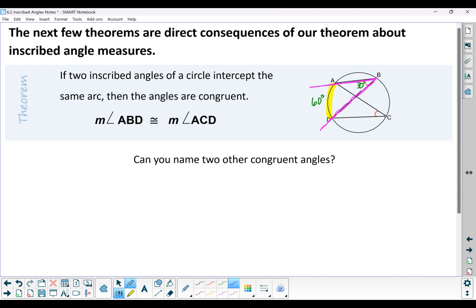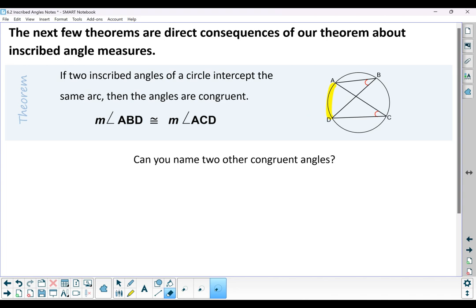But we also have angle C over here, and it intercepts the same arc. See how that intercepts the same arc? So that one has to also be 30 degrees. So you can see that the angle at B and the angle at C are each 30 degrees. And I really didn't even have to know any numbers to know that those two angles are equal to each other.